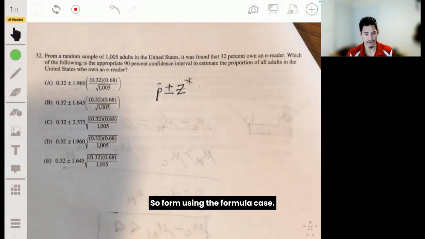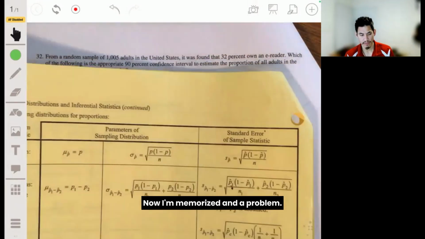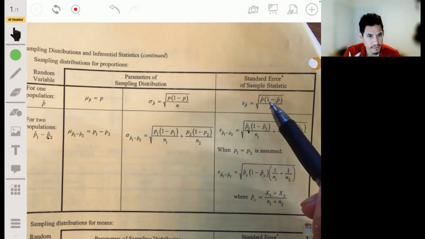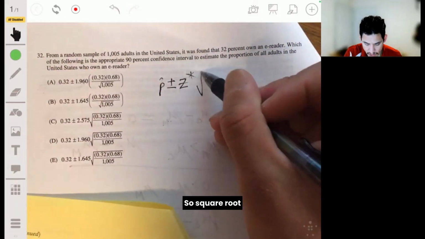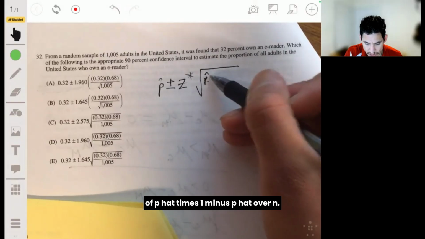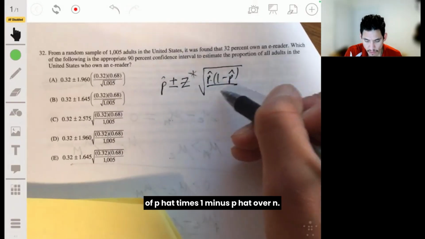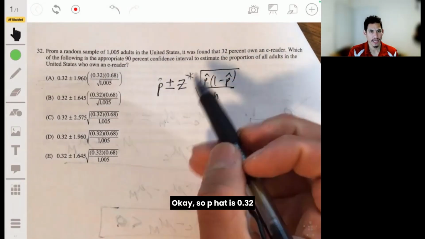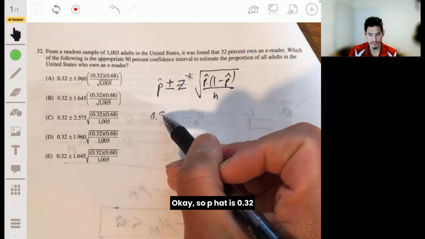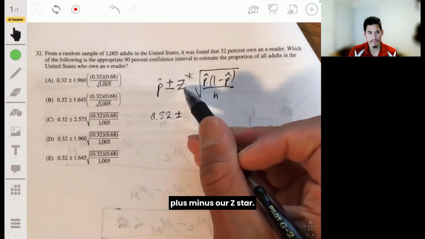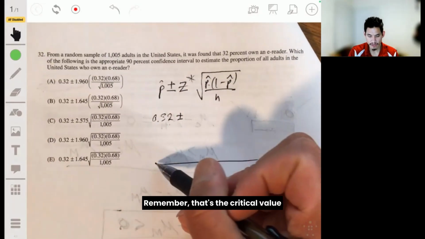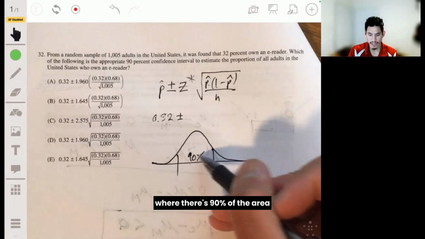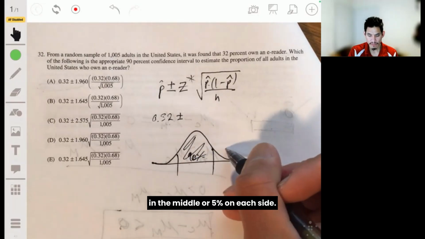Using the formula, in case you don't have it memorized, no problem, we would just use it in this place: the square root of p hat times 1 minus p hat. So p hat is 0.32 plus minus our z star. Remember, that's the critical value in the standard normal curve where there's 90% of the area in the middle, or 5% on each side.